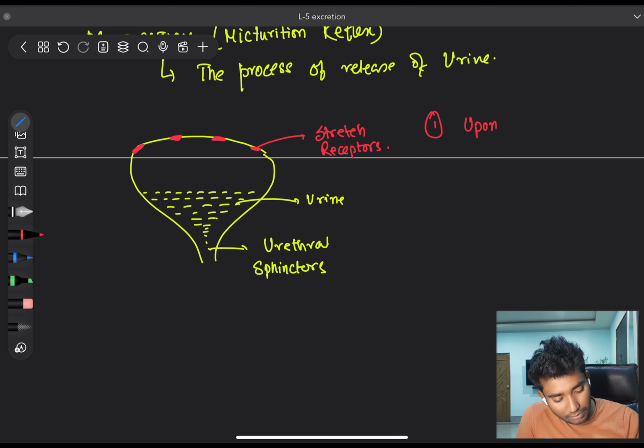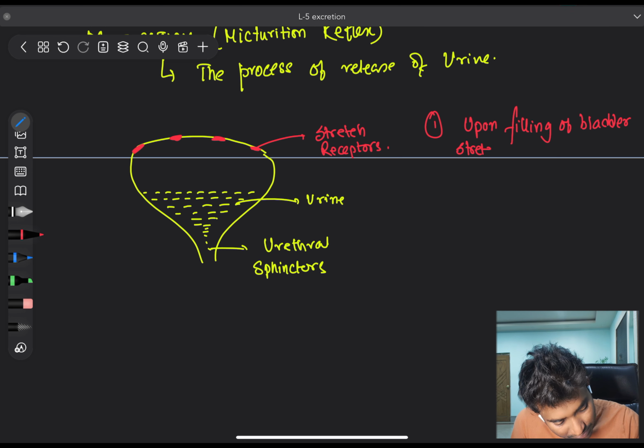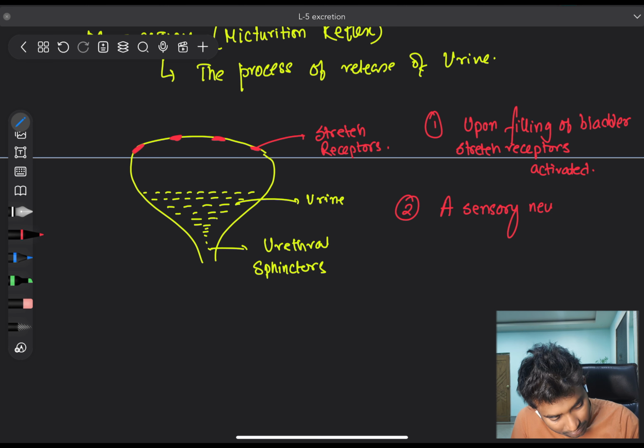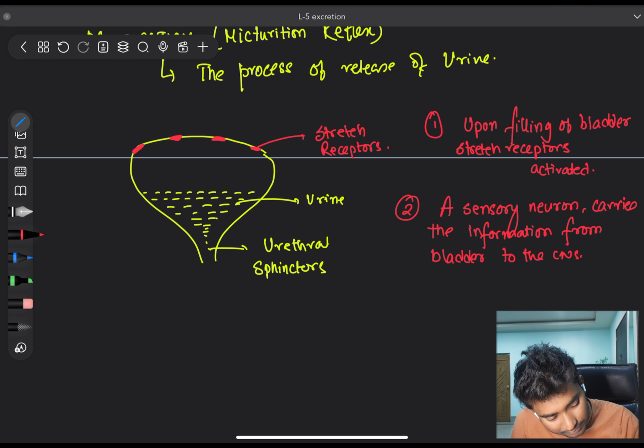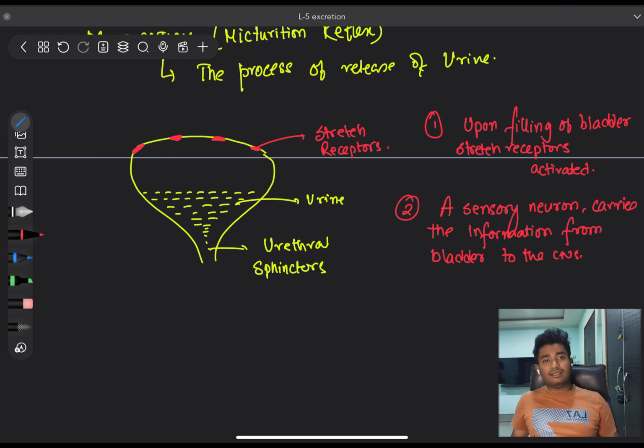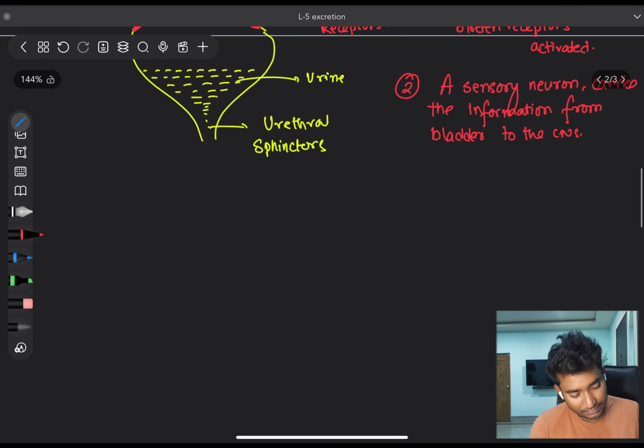Upon filling of the bladder, stretch receptors are activated. Two, a sensory neuron carries the information from the bladder to the CNS, the central nervous system.